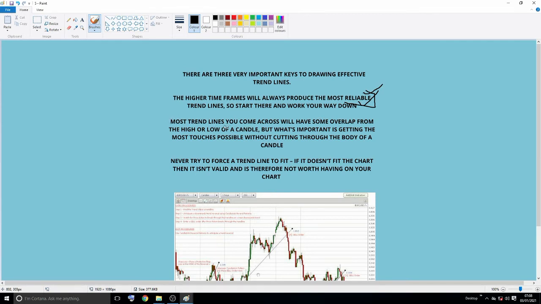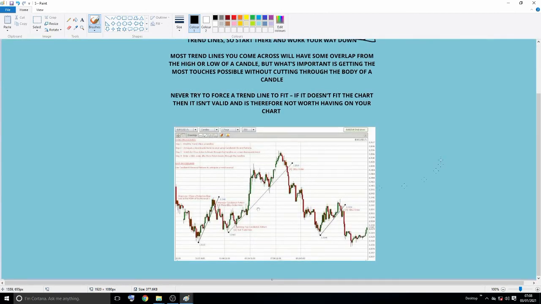Most trend lines you can come across will have some overlap from the high or low of a candle, but what's important is getting the most touches possible without cutting through the body of a candle. So this can be a candle and this can be your trend line.